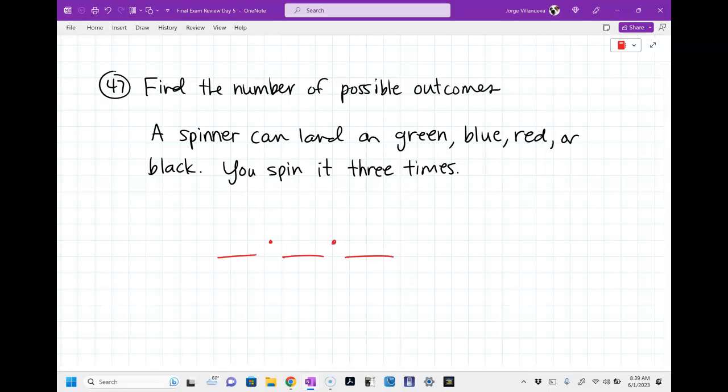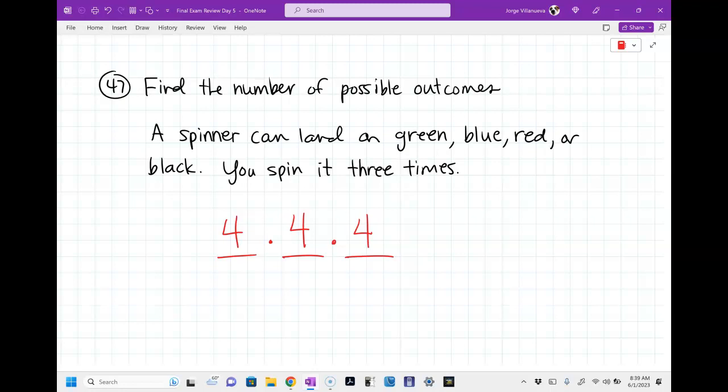Each time I spin it, how many options of colors do I have? 4. Now, on the next spin, am I still able to use the same color or not? Did they say anything about that? No. So that means I can use the same color again. So the first time I had 4 options, the next time I also have 4 options, and the next time I also have 4 options.